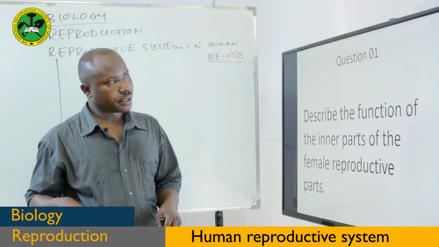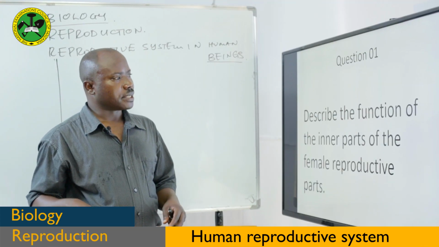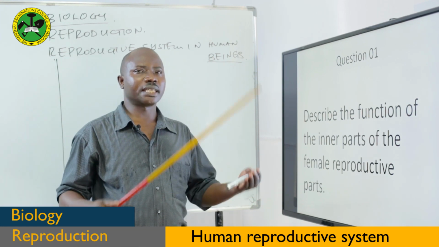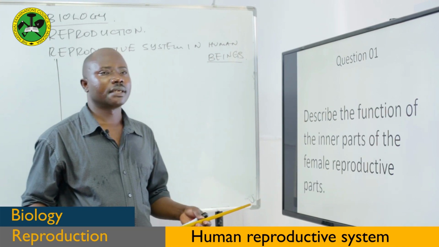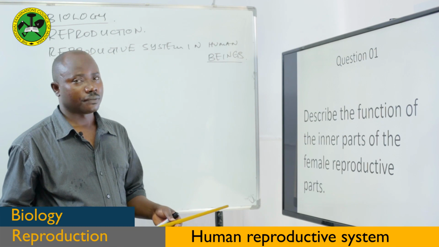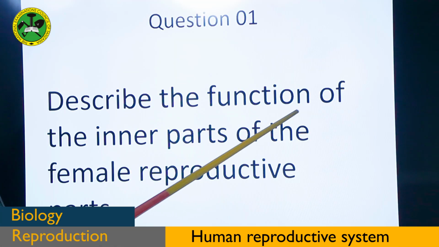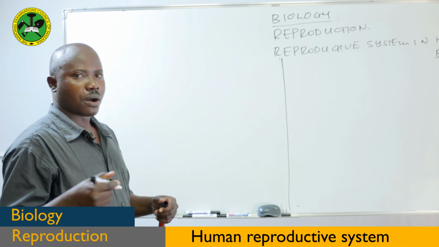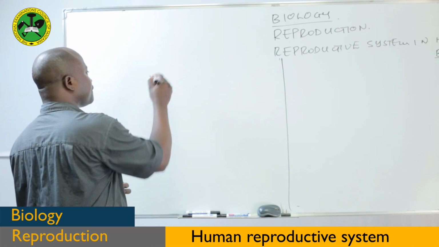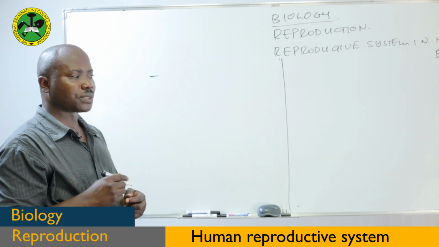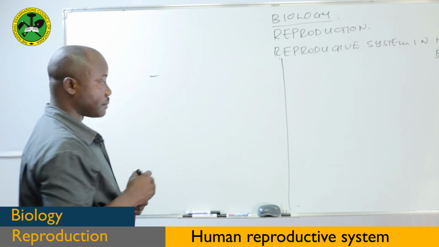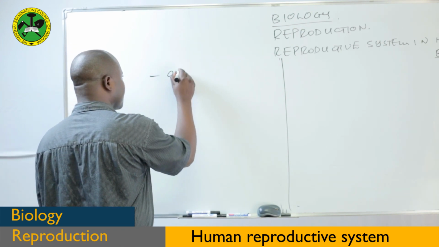The following question is one of the guiding questions that can come from the female reproductive system. The question reads, describe the function of the inner parts of the female reproductive system. Now here you have to identify the inner parts of the female reproductive system. You have the ovary.